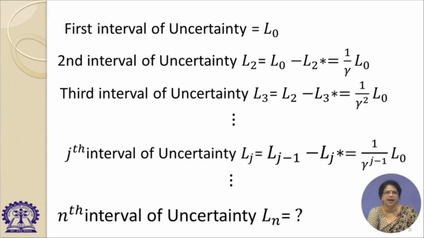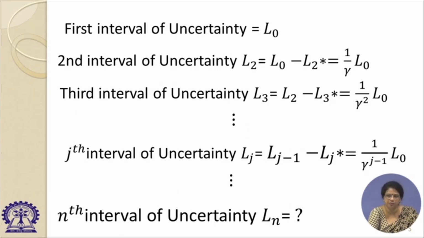If we see the pattern, the values are coming like this: L naught by gamma, and L2 star is L naught divided by gamma square. And L3 would be L naught by gamma square. In this way we will proceed, and in the jth experiment it is L naught by gamma to the power j minus 1, but Lj star is equal to L naught divided by gamma to the power j.